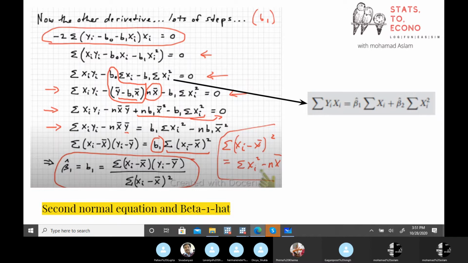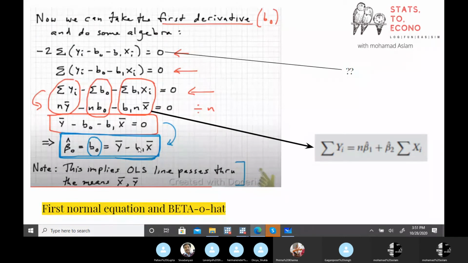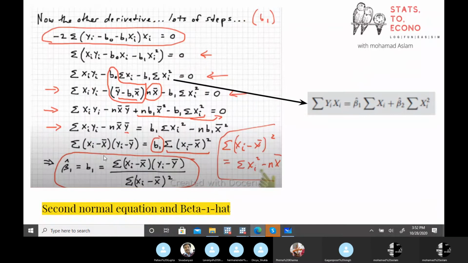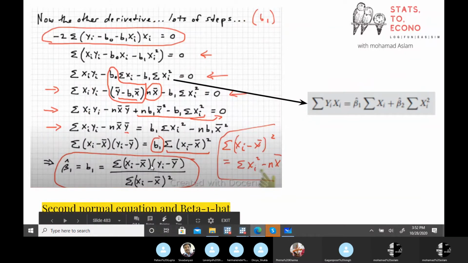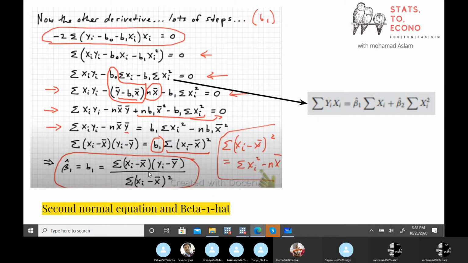If derivation is your only concern, then it is actually done here. If I take this beta 1 out of these two values as common and divide by the remaining part, then the beta 1 derivation is done. And if I put this beta 1 value in this equation, we can also get the intercept term. But the derivation is done here because these are the values we are going to use in other derivations. Let's do it further.